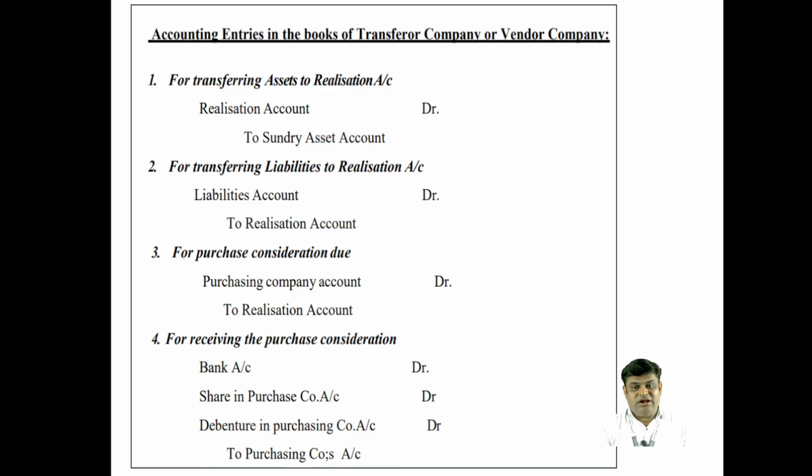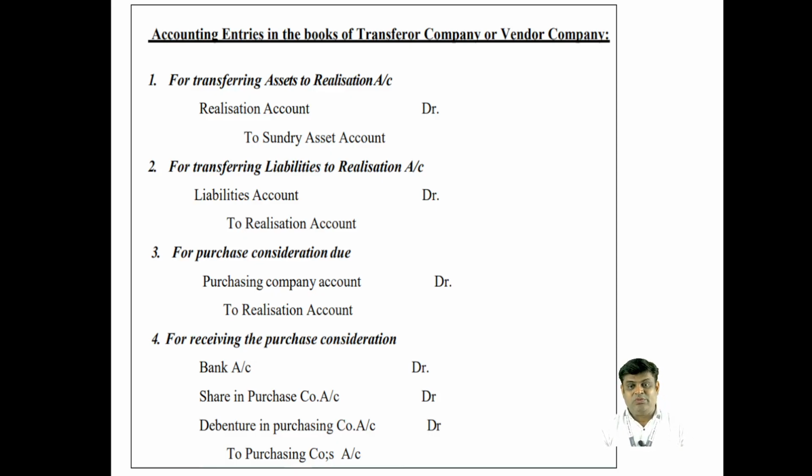Now let us start the accounting entries, an important part of the absorption of company. Accounting entries in the books of transfer company or vendor company. You can see there, the first entry is for transferring assets to realization account. In every absorption of company case, the assets of the vendor company are transferred to the realization account.